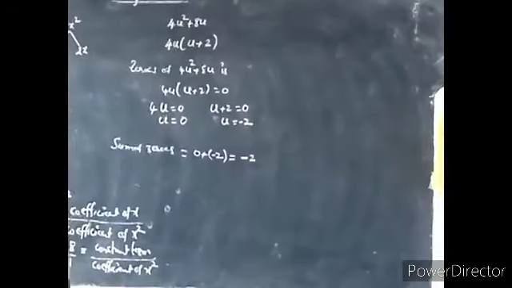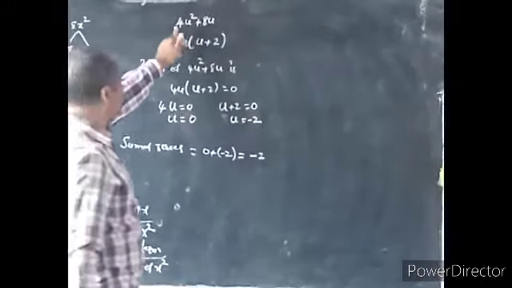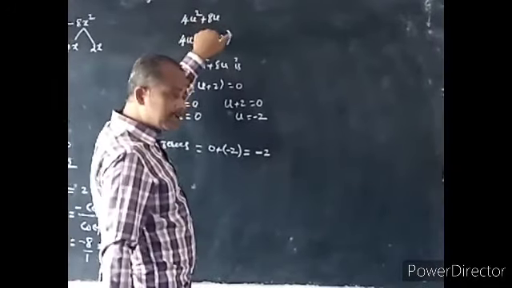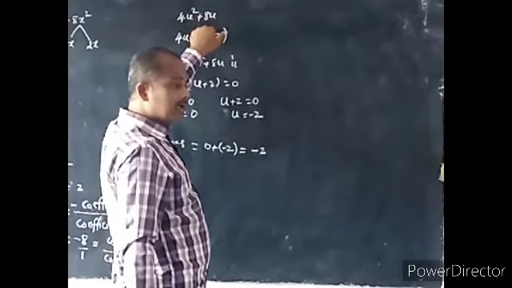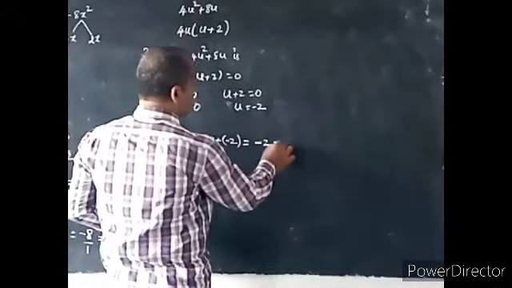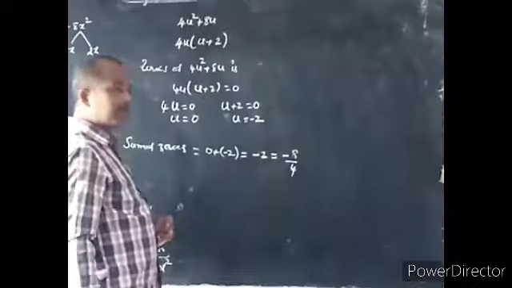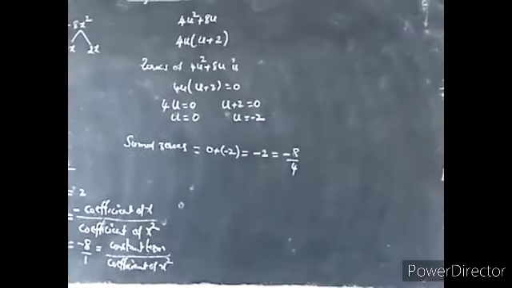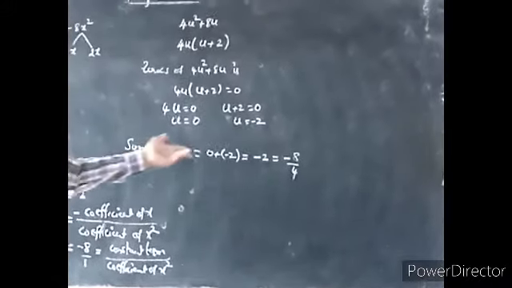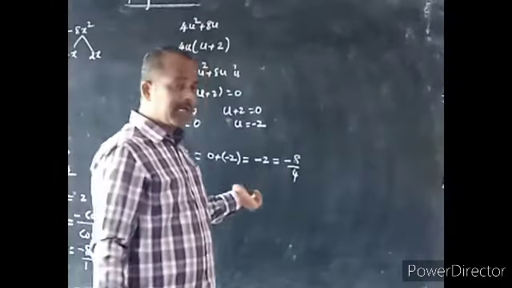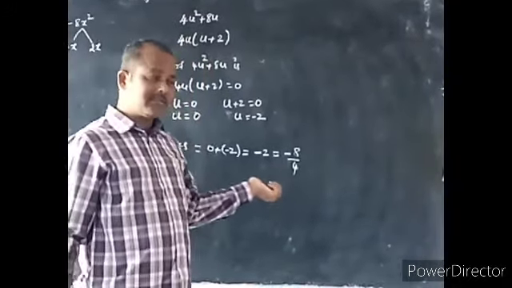Minus 2. But in this, what is given? 4u square plus 8u. It can be written as minus of 8 by 4, which is minus 2 only. Minus 8 by 4 is nothing but minus 2.